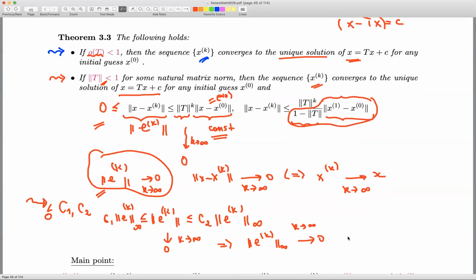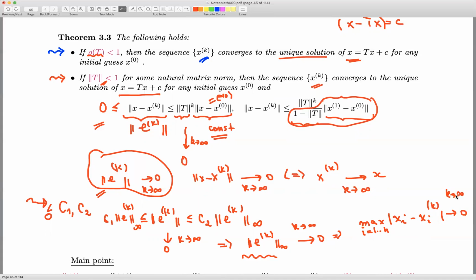But what was the infinity norm? By definition, it was the maximum of the absolute value of the ith coordinate of Ek, which is the ith coordinate of x minus the ith coordinate of the vector xk, where the maximum is from 1 to n. This maximum, which is the definition of the infinity norm, will go to 0 as k goes to infinity.